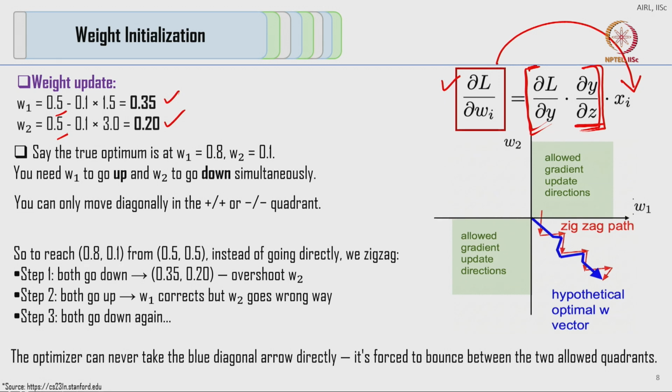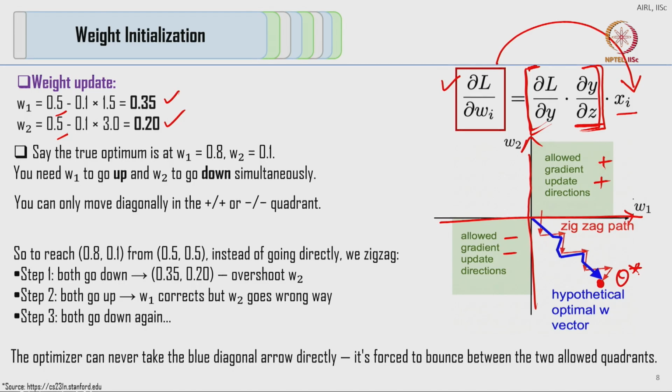Now this curve that we see here, which is the W1 W2 curve, is something we saw from the error surface. If this phenomenon exists, that dou L by dou Wi always depends on the input, then the gradient update would either be in the first quadrant or in the third quadrant. Let's assume that this is my hypothetical optimal W, highlighted by this particular dot, theta star.